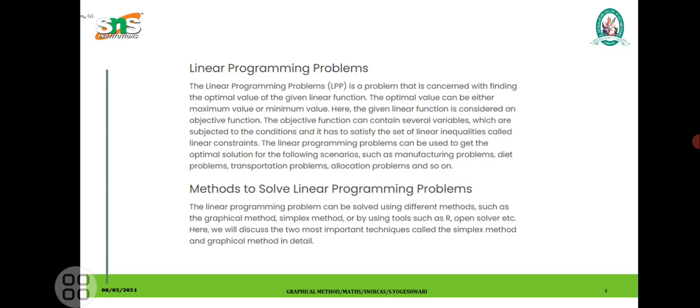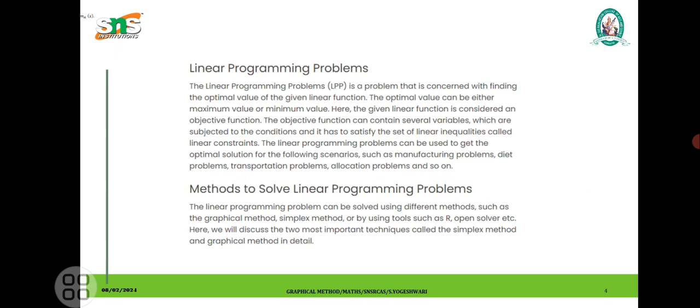Linear programming problems. A linear programming problem, LPP, is a problem that is connected with finding the optimal value of the given linear function. The optimal value can be either maximum value or minimum value. Here the given linear function is considered an objective function.